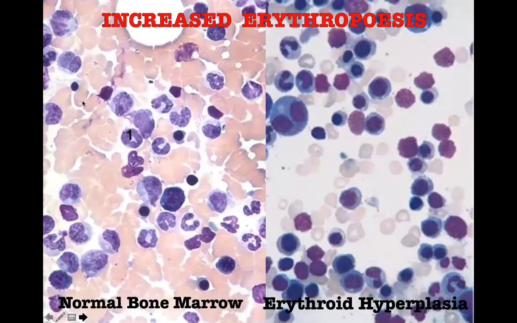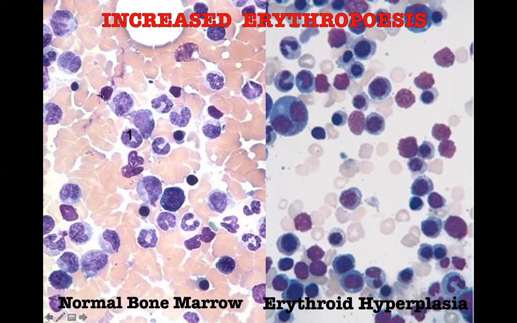So this is a normal bone marrow, if you notice. These are your RBC precursors. These are some of the mature granulocytes. If you notice, more or less, they are equal in number, but here, in erythroid hyperplasia, you would see a lot of those nucleated forms of red cells.